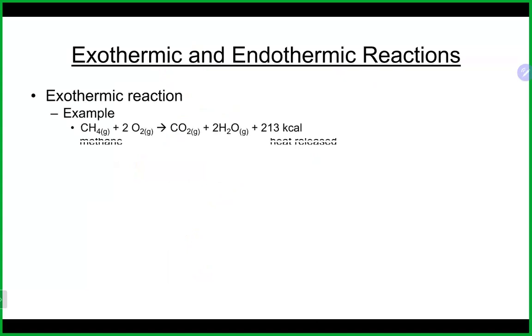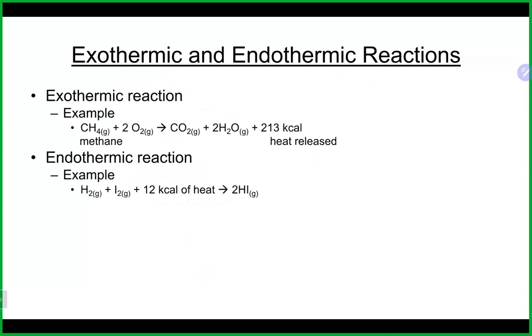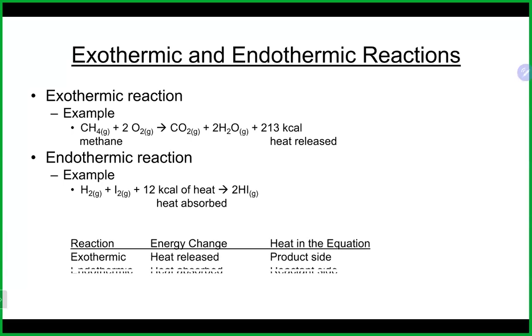So a couple of other thoughts on exothermic and endothermic, and some ways that you may see it in an equation. Sometimes, and I would say very rarely in the classes you'll take, will they actually put an energy value into the equations, but sometimes they might. That's what we see here: 213 kilocalories.